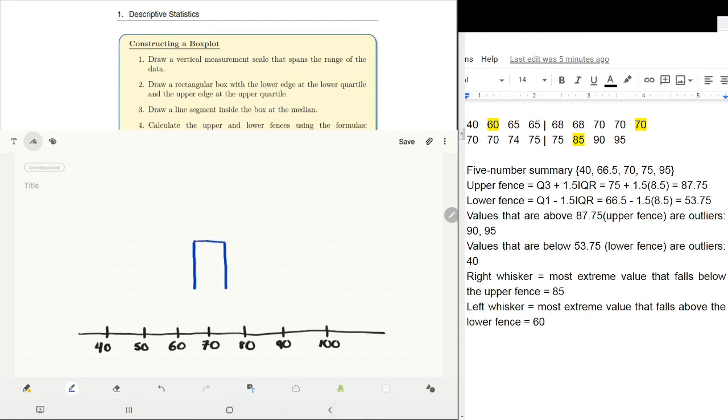And this will create our box. Next, we will draw a line segment inside of the box, which is located at the median. The median was at 70, so we'll draw a vertical line inside of the box at 70.